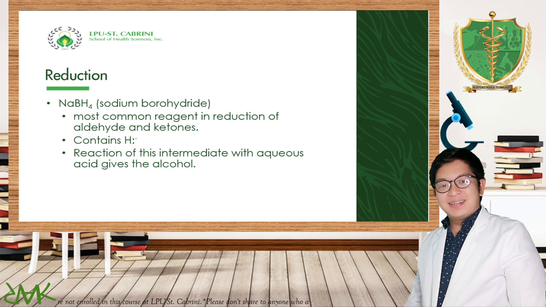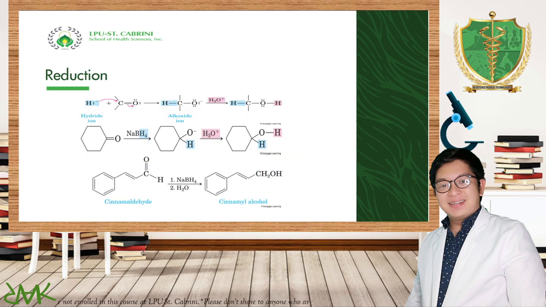In the reduction with sodium borohydride, the hydride ion adds to the partially positive carbonyl carbon, which leaves a negative charge on the carbonyl oxygen. The reaction of this intermediate with aqueous acid gives us our alcohol.